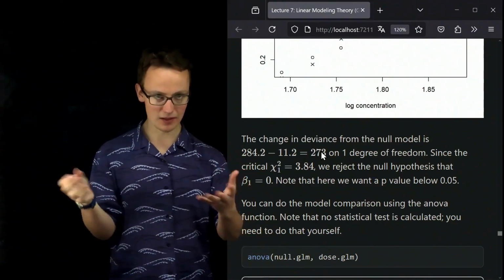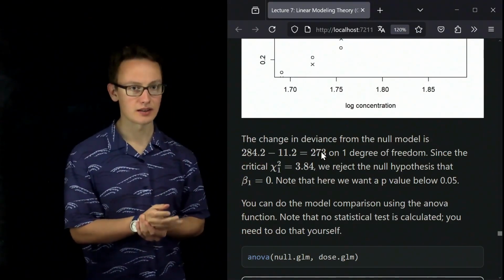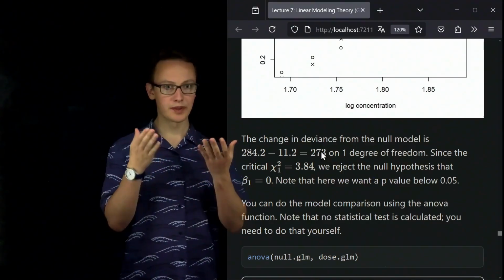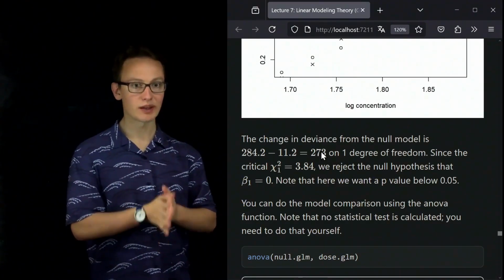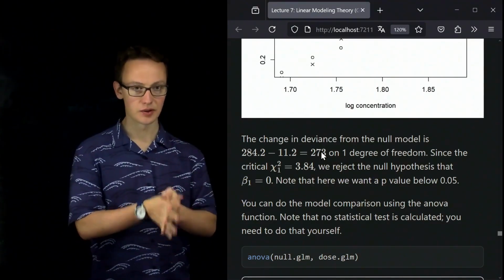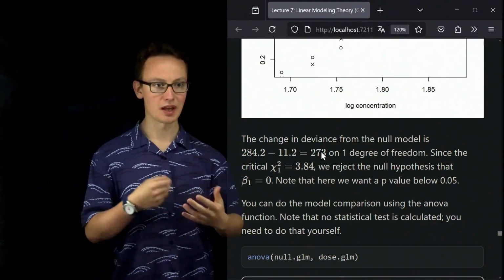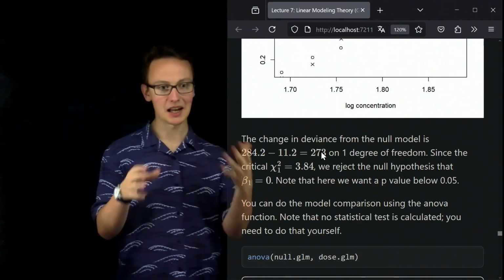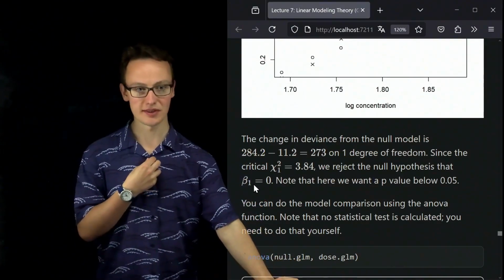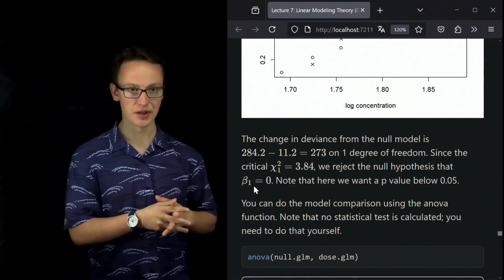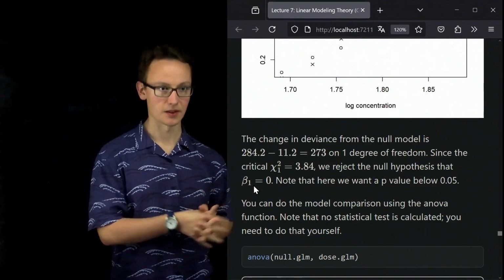So this tells us that adding the slope predictor significantly increases the goodness of fit, or decreases the deviance of the model. So we can be very confident, we can reject the null hypothesis that this slope of dose is equal to 0. It clearly is something else, okay?